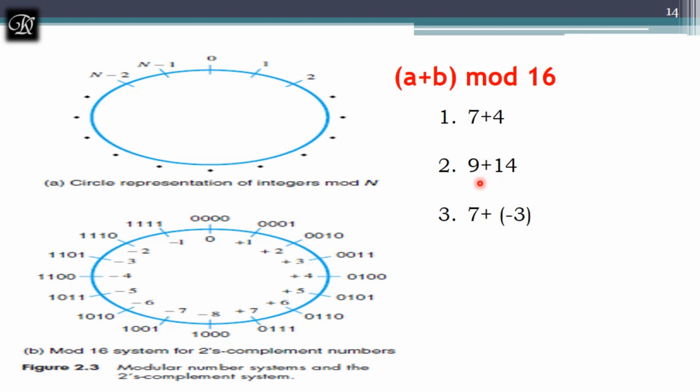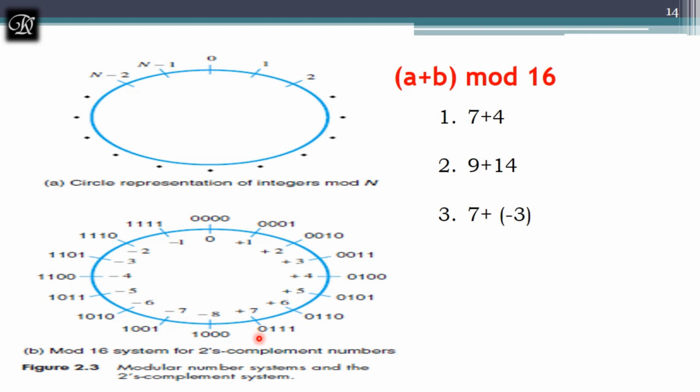And next see 9 plus 14. As per rule 1, because we don't have a negative value over here, we are having a positive value, first our job is to locate 9. So this is 7, 8 and 9. 1001 is 9. Next I have to add 14 to this 9. Let's count from here. 1 2 3 4 5 6 7 8 9 10 11 12 13 14.